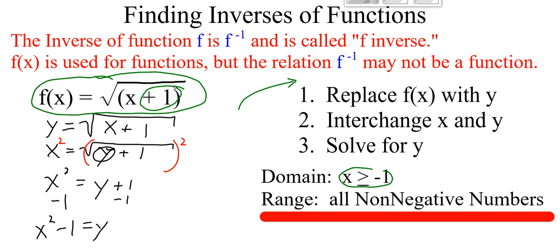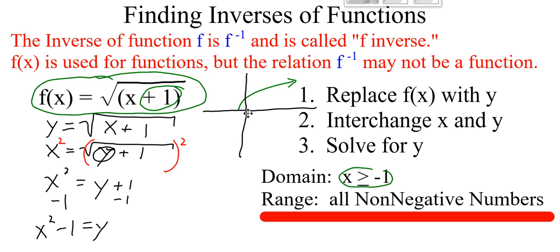And our range was all non-negative numbers because you take the square root of something. Actually, this was shifted over 1. We always get positive values, the answers to these square roots are never negative.